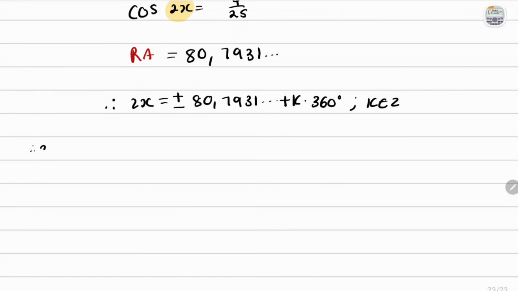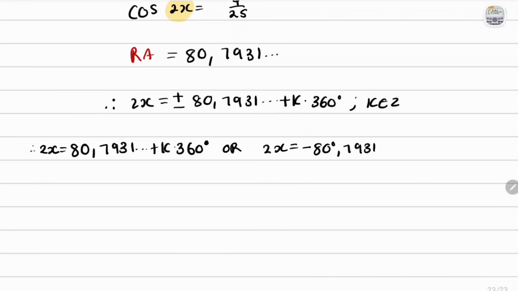So we're going to have 2x is either equal to positive of that angle, so 80.7931, keeps going, plus k of 360 degrees, or 2x is equal to the negative of that, so negative 80.7931, and that keeps going, plus k of 360 degrees.